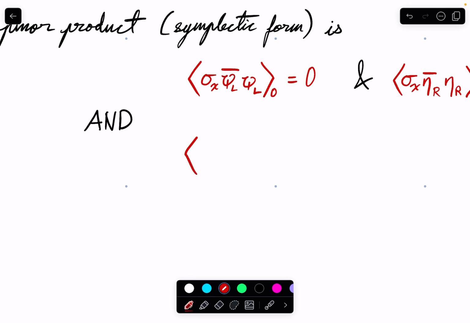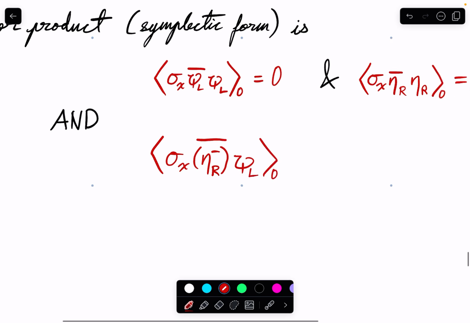You can do this where you go to sigma x and transform this right spinor into a left spinor. What's happening here is it transforms this right spinor into a left spinor through parity, and then through the Clifford conjugation and sigma x, it becomes a dual left spinor. And then you can consider its product with the left spinor here.